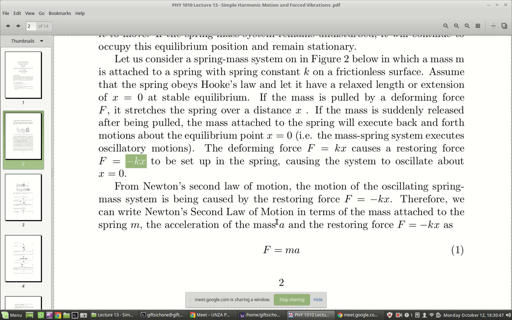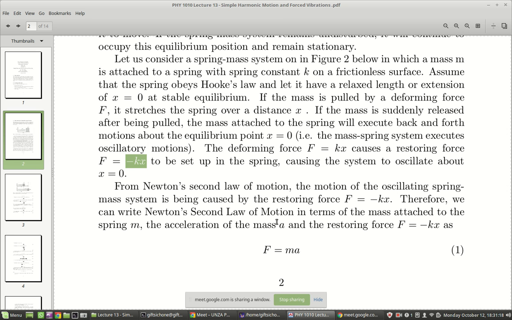However, the fact that you pulled the mass, which in turn stretched the spring, set up a force inside the spring which is known as a restoring force. This restoring force will not disappear just because you are no longer stretching the mass.